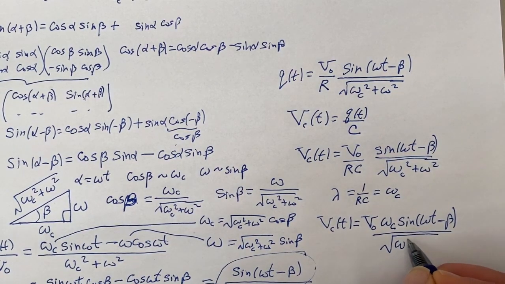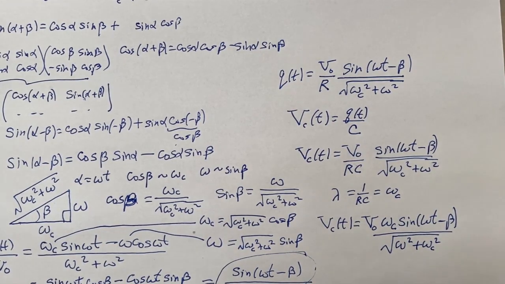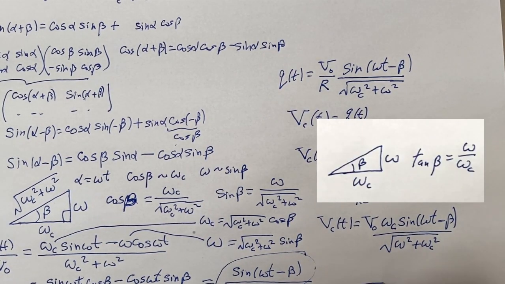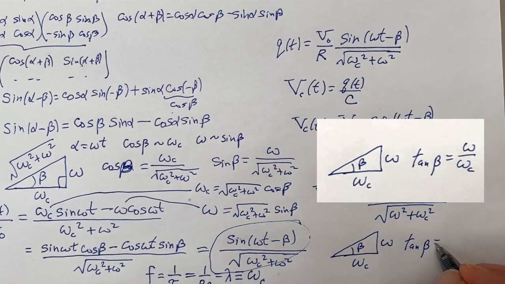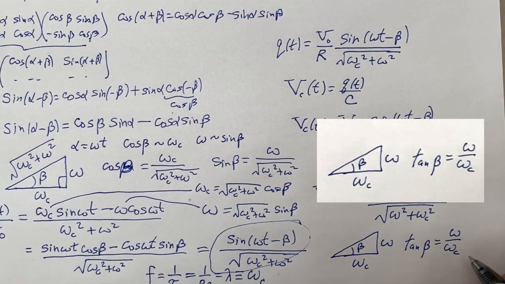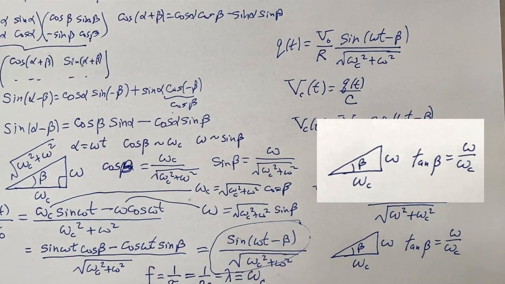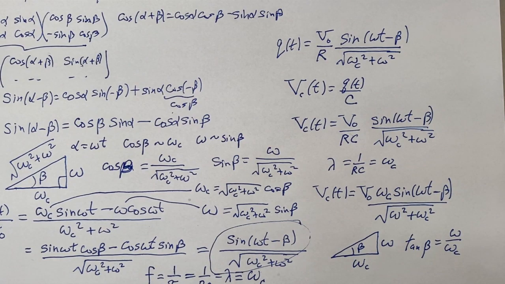I just like to have the variable first and the constant second. And here, if we go back to this little triangle where we had our omega and our omega c, the tangent of beta is equal to omega over omega c. So that gives us our phase.